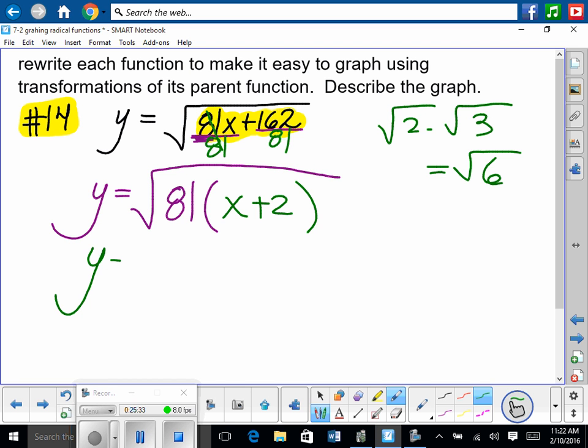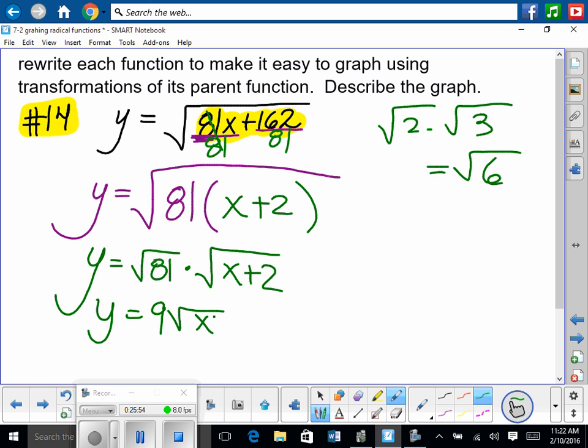This is the same thing as the square root of 81 times the square root of x plus 2. Isn't that the same thing? Are they both still under the square root? With multiplication, you always can combine square roots. Okay, what's the square root of 81? So we have 9 times the square root of x plus 2. And now isn't it much prettier? Yeah, it's way prettier.